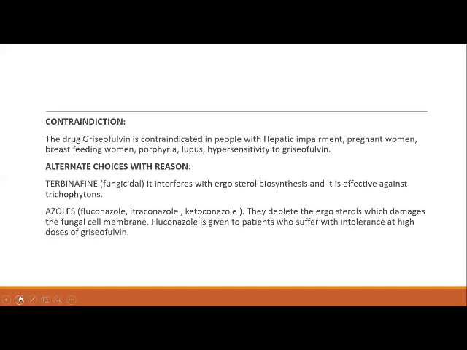The next is azoles. It includes fluconazole, itraconazole, and ketoconazole. The mechanism is that they deplete the ergosterols, which damages the fungal cell membrane. Fluconazole is mostly given to patients who suffer intolerance of Griseofulvin at very high doses. Among them, itraconazole is the most common to prescribe in fungal infections.